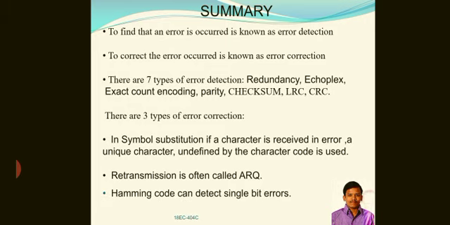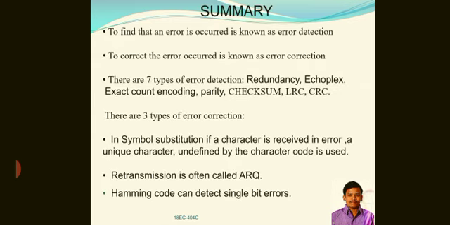Next is Hamming code, which is a forward error correction method, able to detect as well as correct single bit errors. So this is the summary of error detection and correction methods.